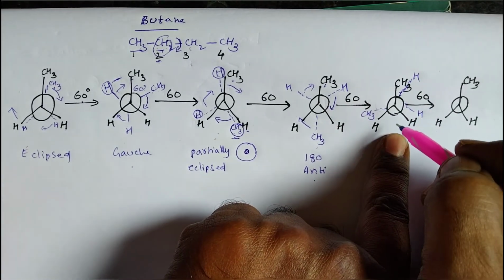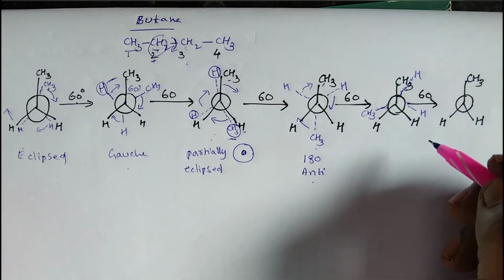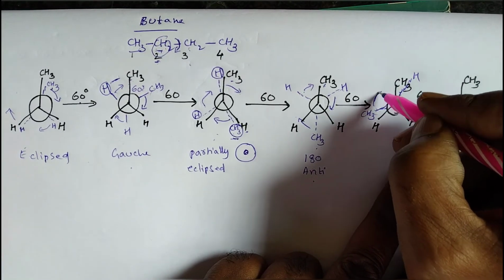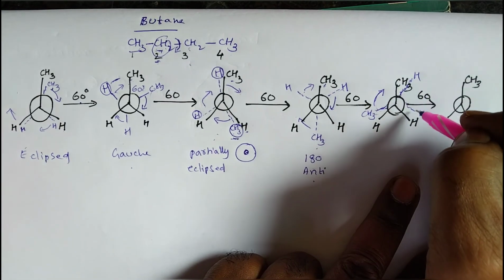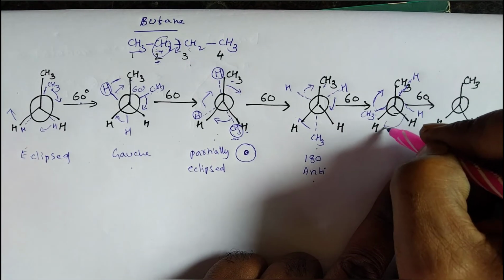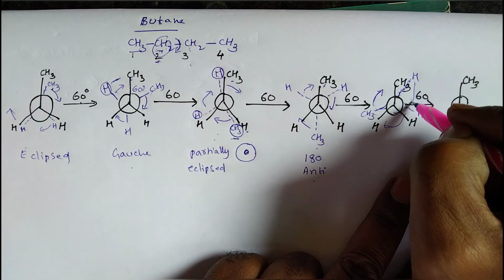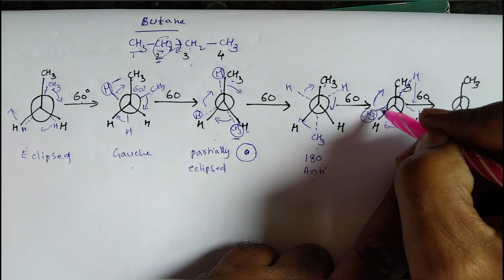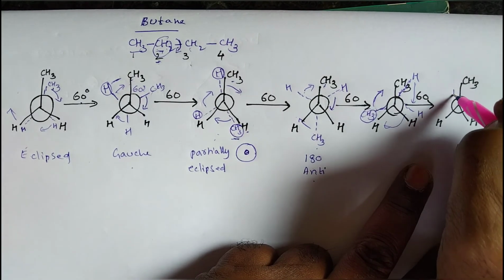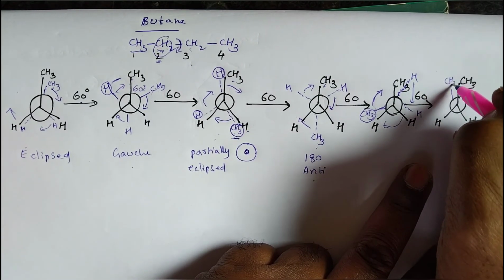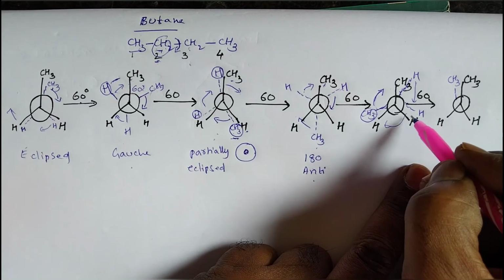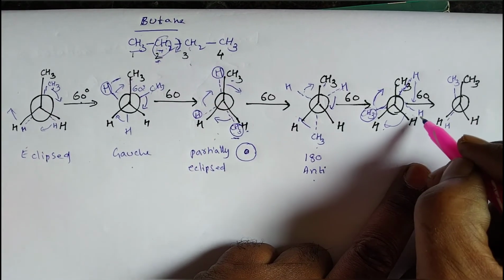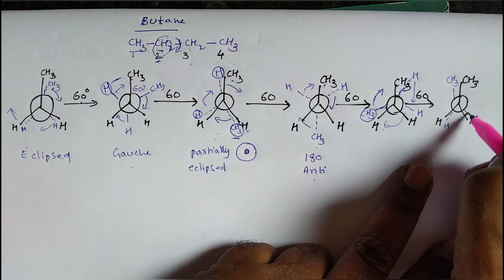Okay, now one more 60 degree rotation. This one will go here, and with the 60 degree rotation this one will come to this place, and this one will come down. With the next rotation, the methyl group, that is CH3, will come to this place. This hydrogen atom will come to the back of this hydrogen.